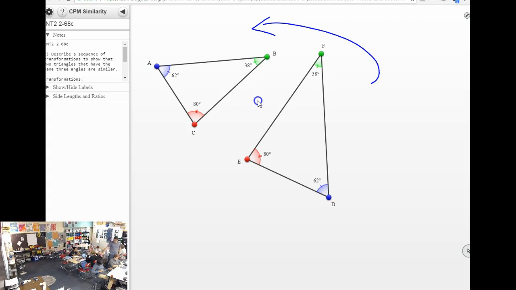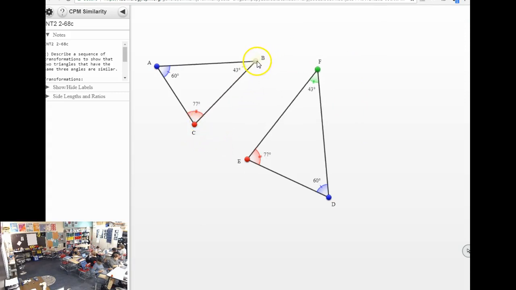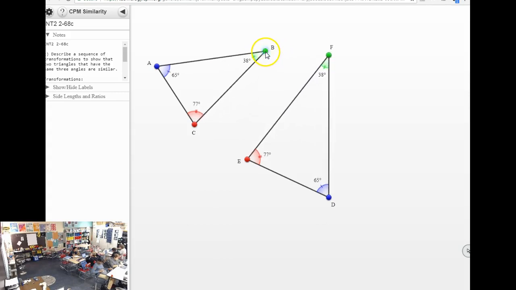If I drag one point, the point in the other triangle moves. Interesting.